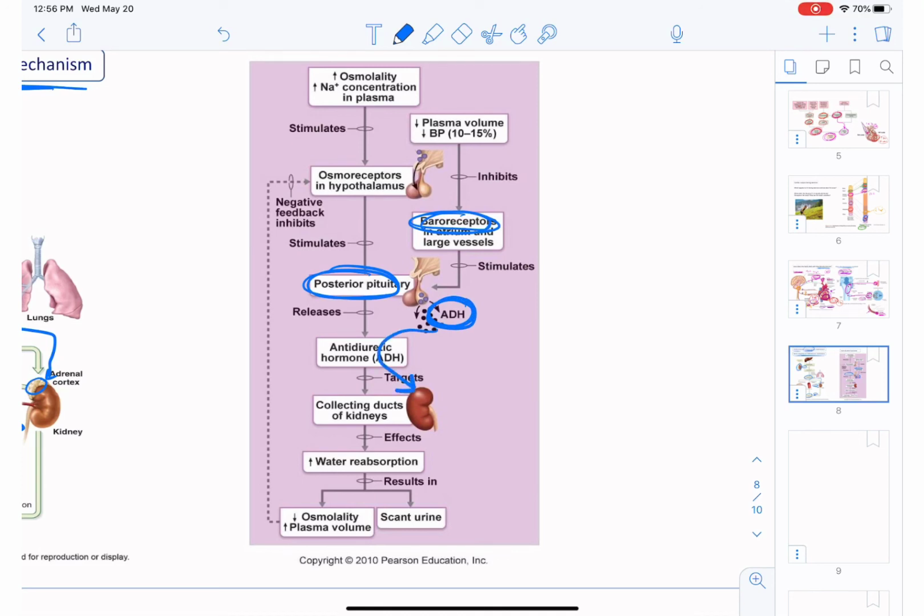That antidiuretic hormone is going to act on the kidneys, and what it does is it causes more water to stay in the body. It causes less water to leave the body as urine and more water to stay in the body in the blood. And so again, what you're doing is increasing blood volume, and by doing that, you're increasing blood pressure.